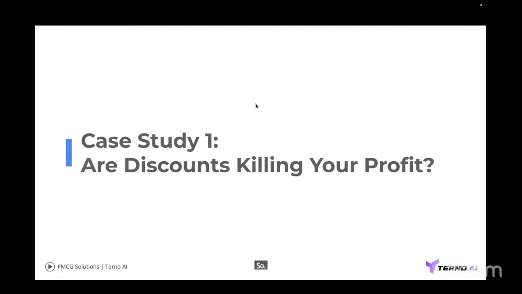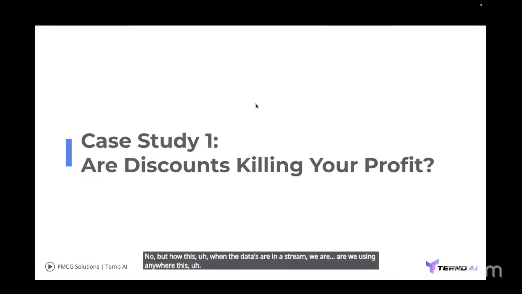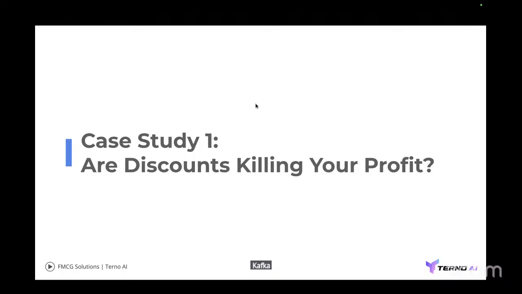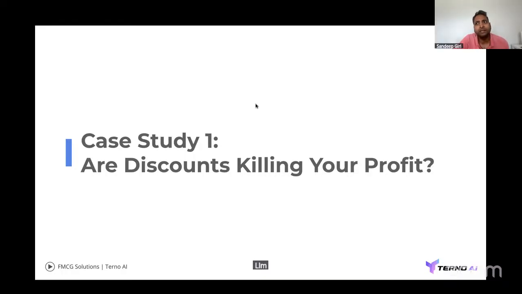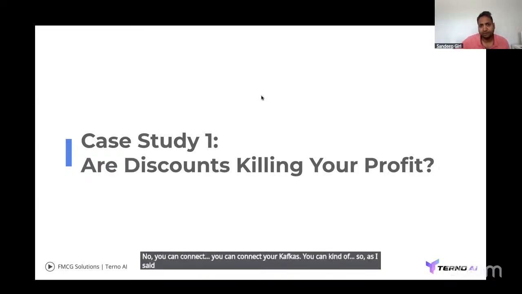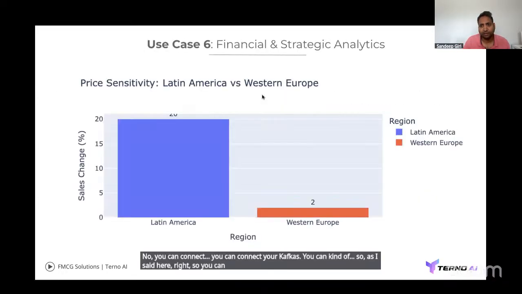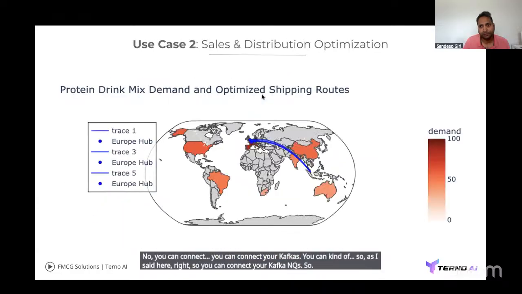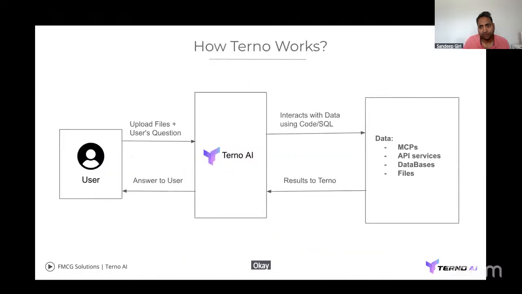But when the data is in a stream, are we using Kafka or something like that, or are we simply using an LLM model? You can connect your Kafka and queues. As I said here, you can connect your streams as data.